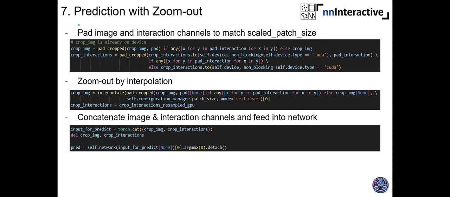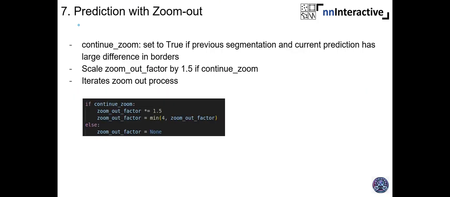After cropping, padding is also done to match the scaled patch size. And then the zooming out by interpolation is done for both the image as well as the interaction. Next, the images and the interaction channels are concatenated and they're fed into the network.